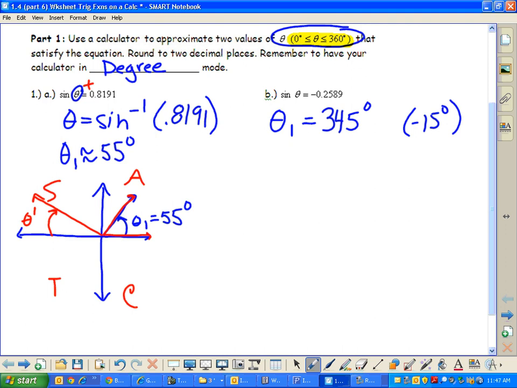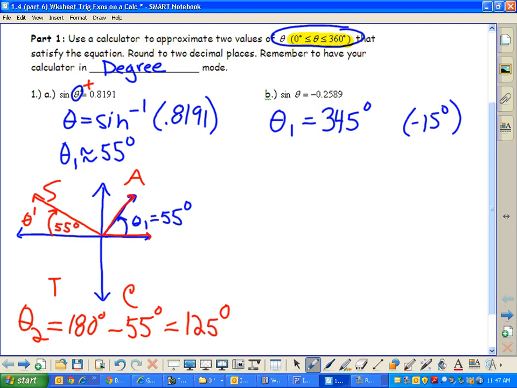So I came back 55 degrees from 180. Where did I stop this last angle? Yes, and that is the second value of theta. So we did 180 minus our reference angle and got 125 degrees. So that's the value of theta 2.